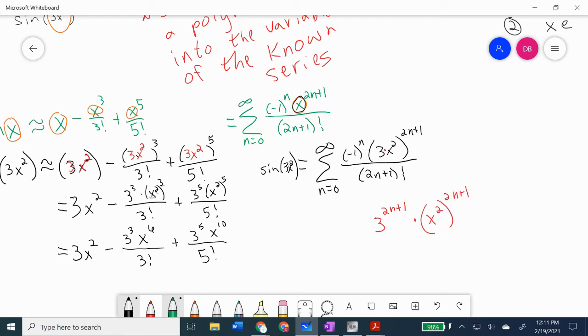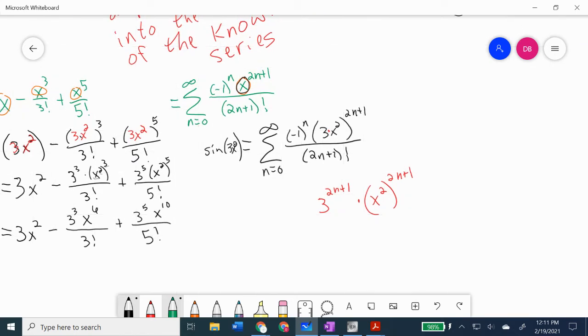And then the next thing, you can leave the 3 to the n plus 1 power. You don't need to worry about simplifying that in any specific way. It's the variable that I want you to simplify. You need to see exactly what the formula is.